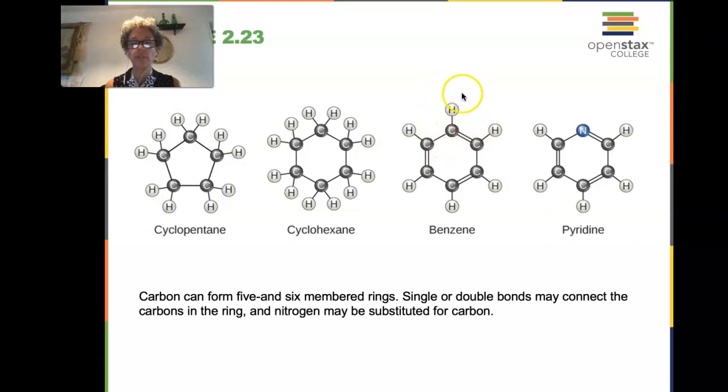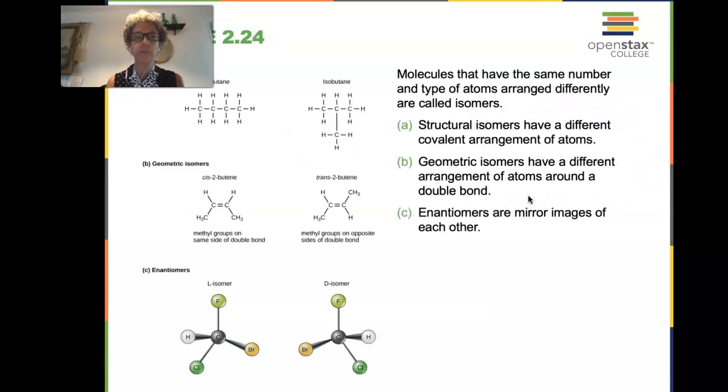There's only 1 left. And then lastly, we show an example where nitrogen can be incorporated into the carbon circle. We have pyridine. The nitrogen into the circle of carbons becomes important in DNA. Our DNA molecules all have nitrogen incorporated into the circular carbon molecules.